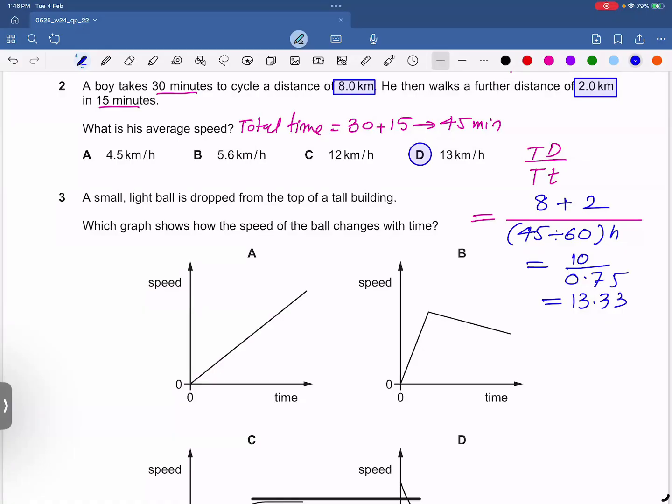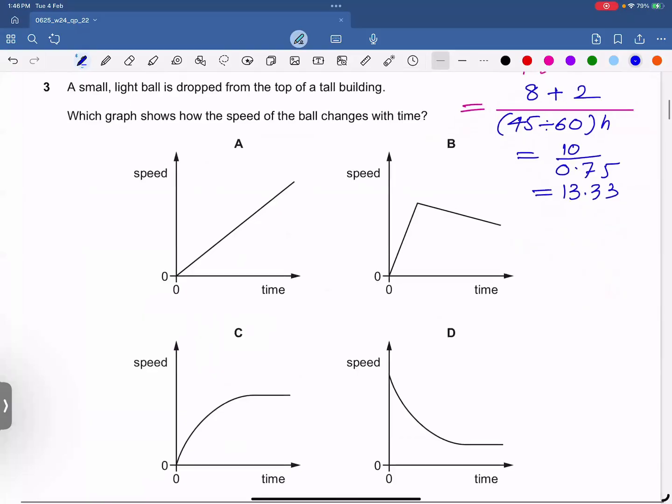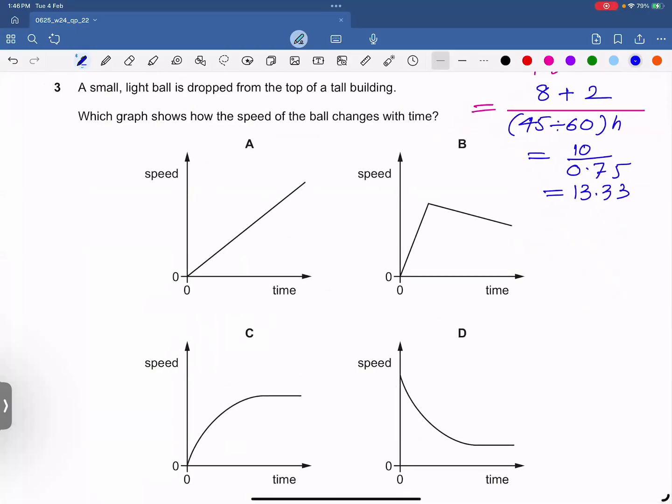We proceed to question number 3, my dear students. It's about kinematics and motion. A small light ball is dropped from the top of a tall building. It's a light ball and a tall building, so there is significant air resistance. Whenever there is significant air resistance, its acceleration will decrease and the graph will no longer be a straight line.